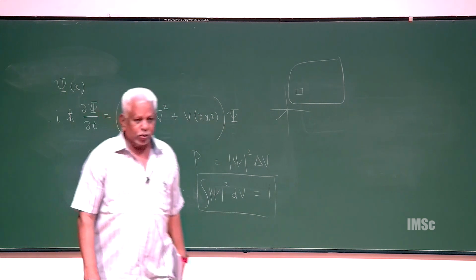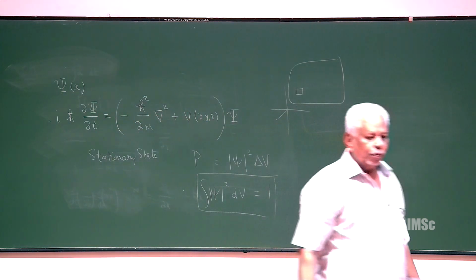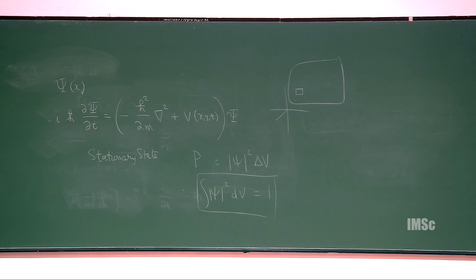The probability to find the particle, let me not call it electron, particle, because I didn't even put a charge for it. So that particle of mass m anywhere in the universe, as far as this thing is concerned, if I do that integral in any region, you will find it will have a probability which is less than 1. But if I do it for the whole universe, it will be equal to 1.